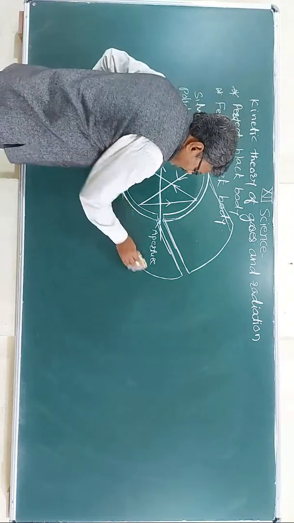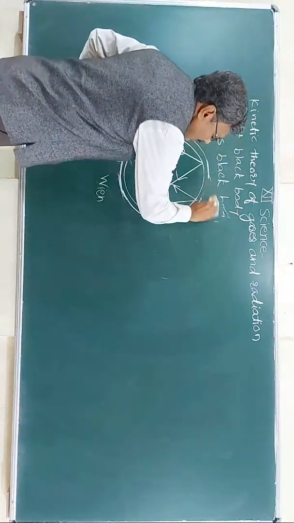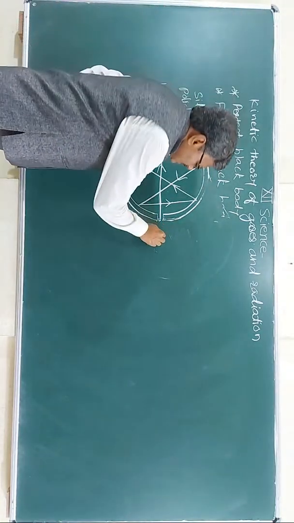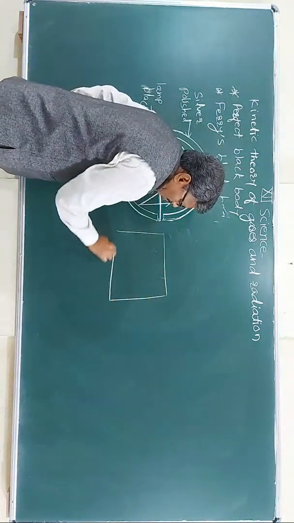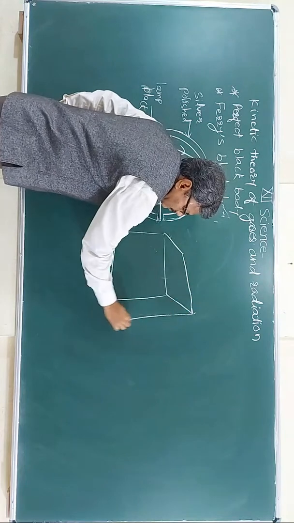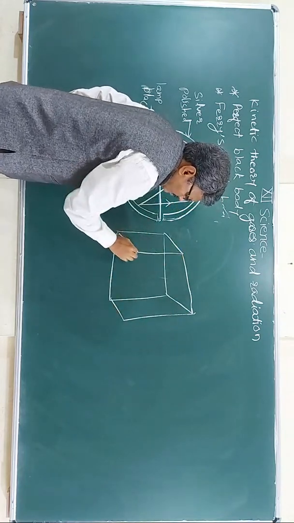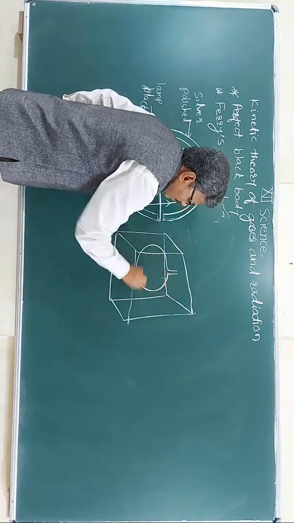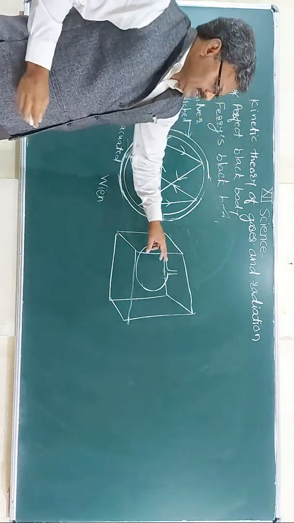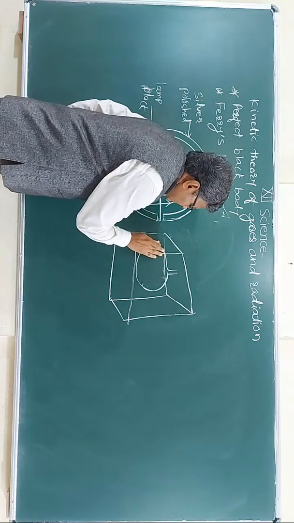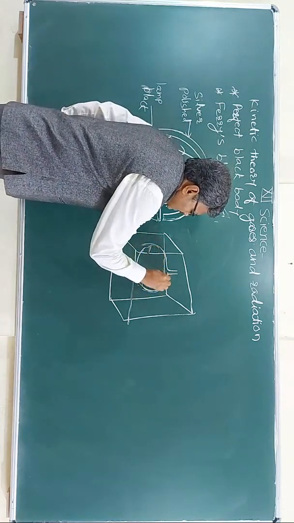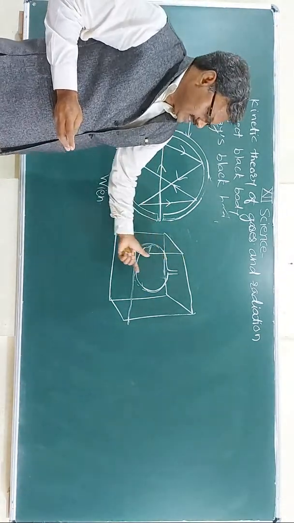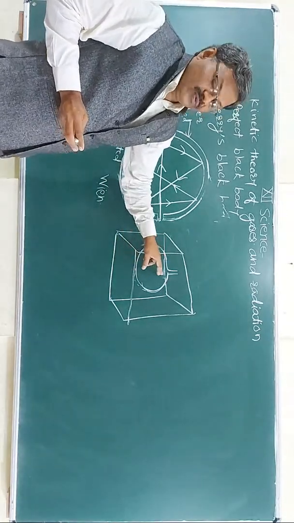Another body is called the cavity radiator. It also acts as a perfect black body. It consists of a block of material with a cavity.